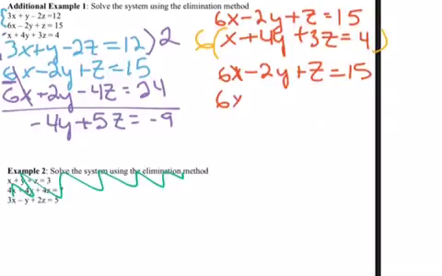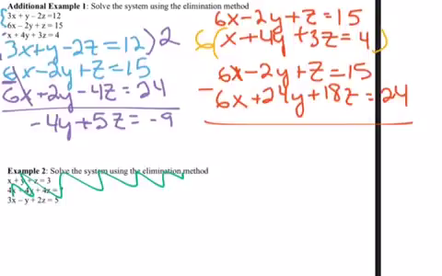And then when I multiply through, I get 6x plus 24y plus 18z equals 24. So when I subtract them, x's cancel. I get negative 2 minus 24, so that's negative 26y. Z minus 18 gives me minus 19z.